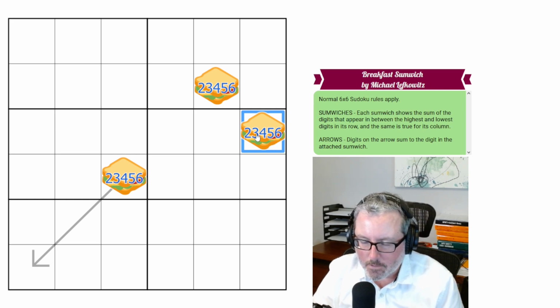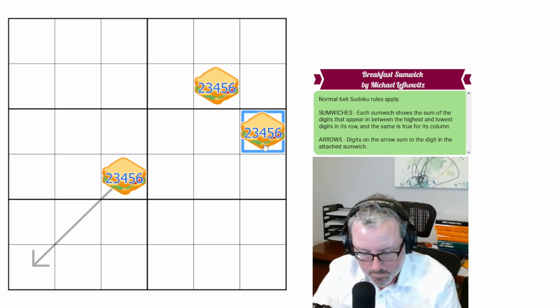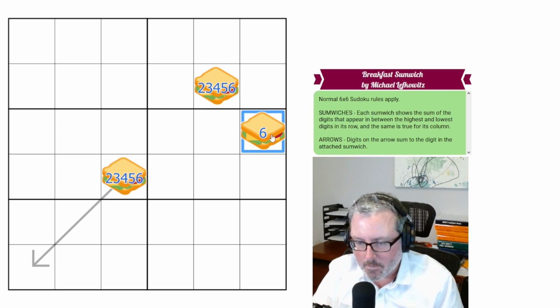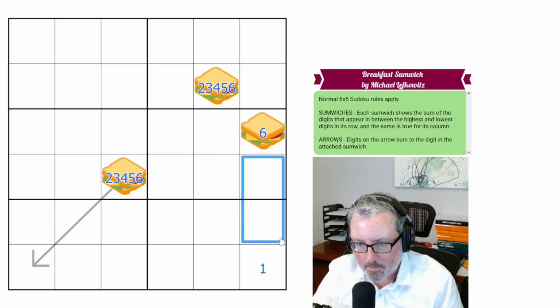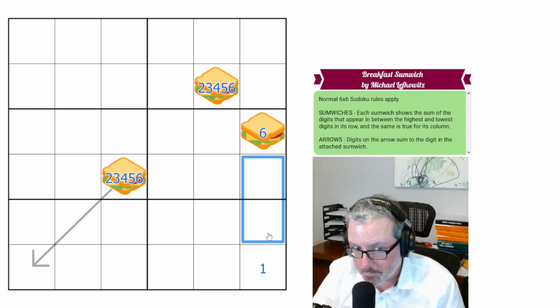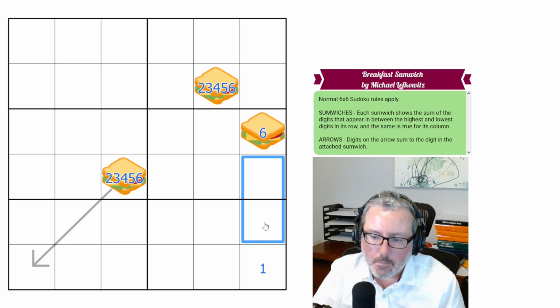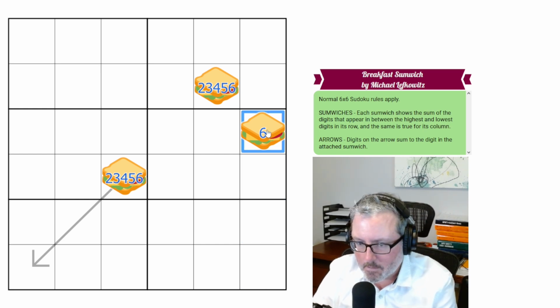There's no logical reason why you'd rule out the 6, because the digit could be, let's just look at that. Let's do a quick one. If this sumwich was a 6, and this was the 1, these 2 digits would just have to equal 6, whatever they may be, 2 and 4. So the 6 can go in a sumwich.